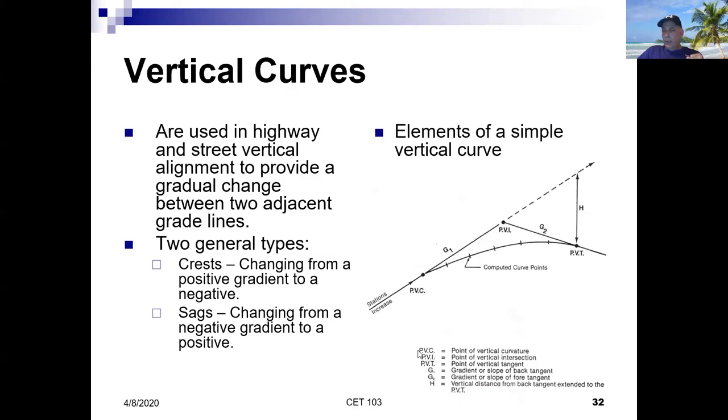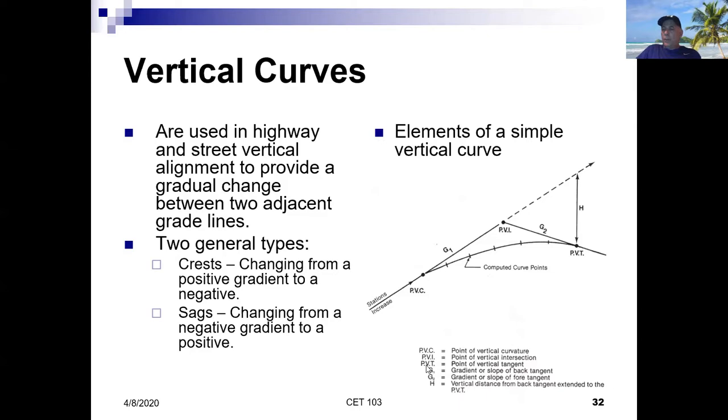If you see right here, one of the key things that's very important in the vertical curve process is something that we call the PVC. If you notice right here is your point of vertical curvature. The next one is your PVI. Well, what is your PVI? Your PVI is your point of vertical intersection. You can see that represented right here.